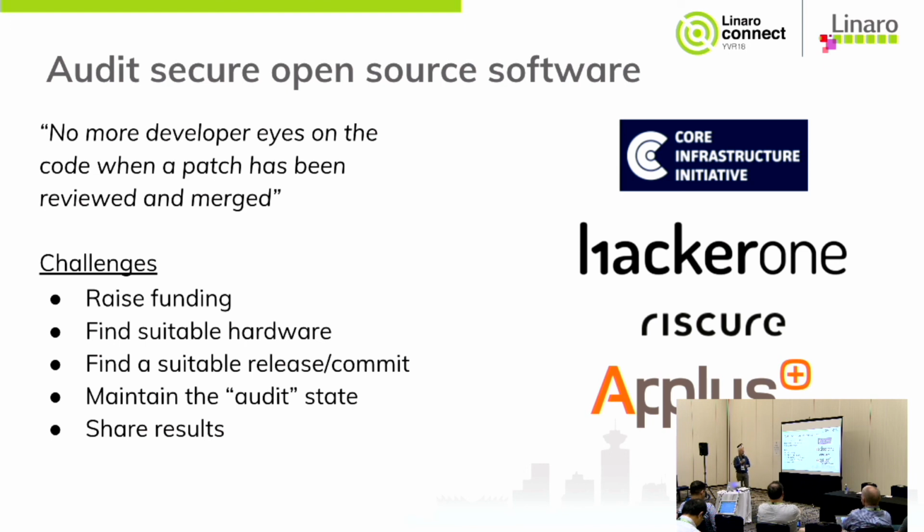And a follow-up to that is finding a suitable release and commit where you should do it. And the most obvious thing is probably to just take some kind of stable release and make it on that. But open source software, as you all know, is quite rapid development. So you have some kind of certified or audited code base, and just 2 weeks later it could be kind of not really valid anymore.